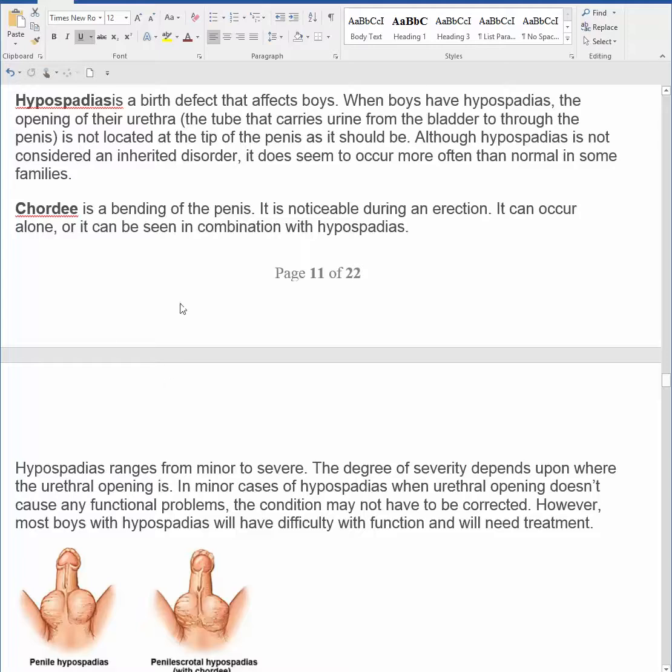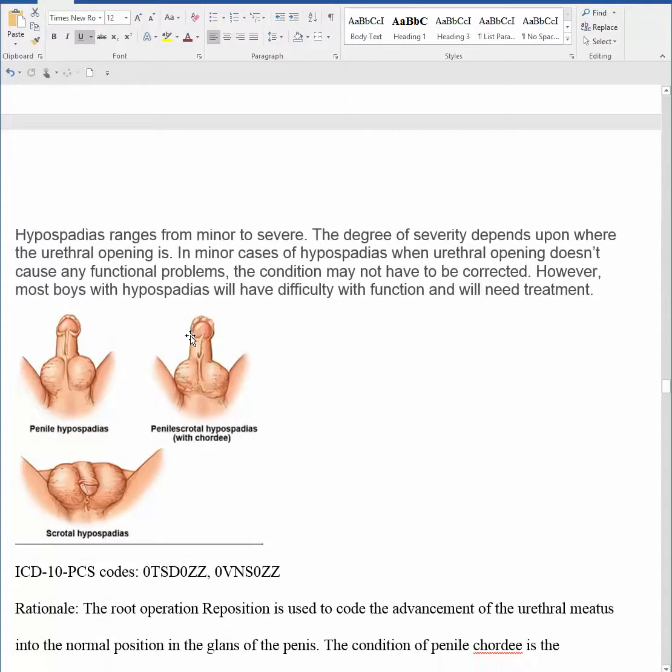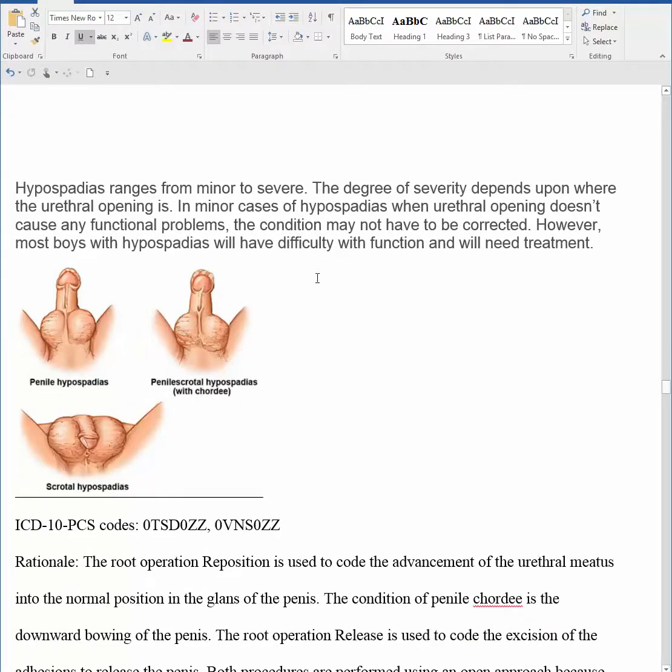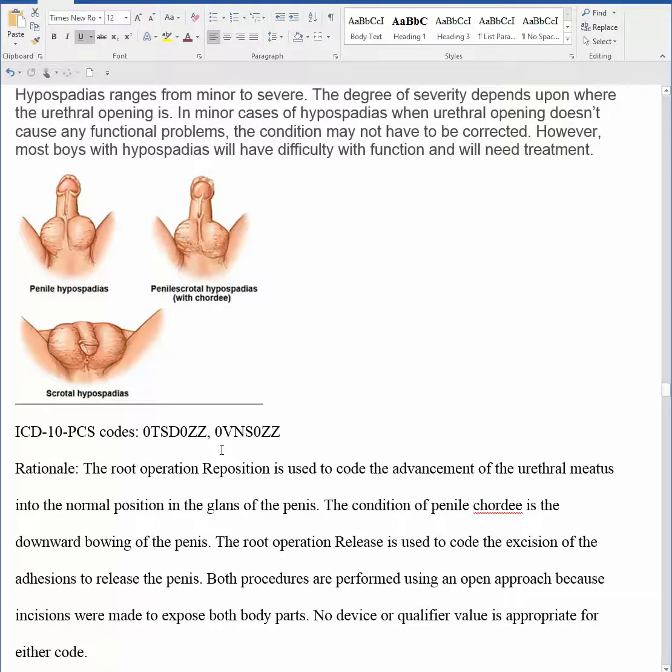Chordee is a bending of the penis. This condition can range from minor to severe. The level of severity depends on where this opening is. So again, the physician is working on putting something back in the correct anatomical location.